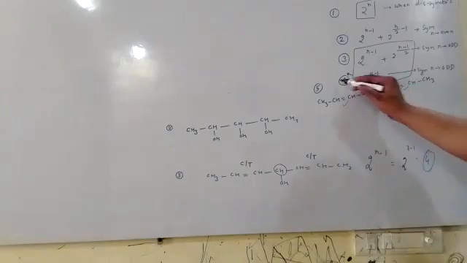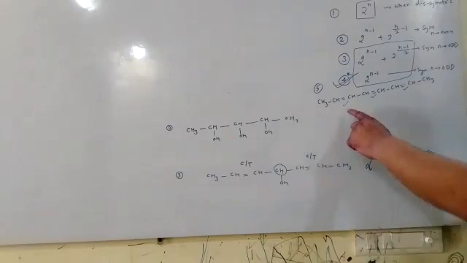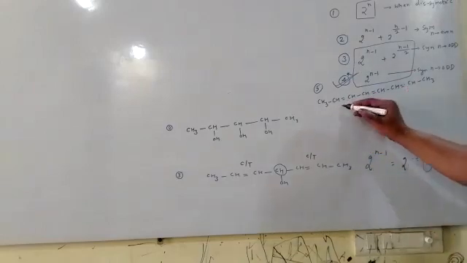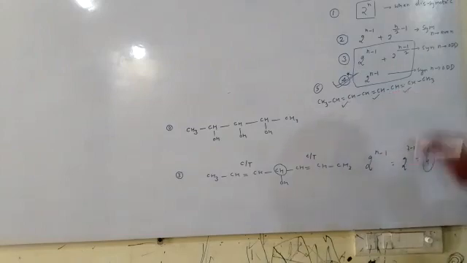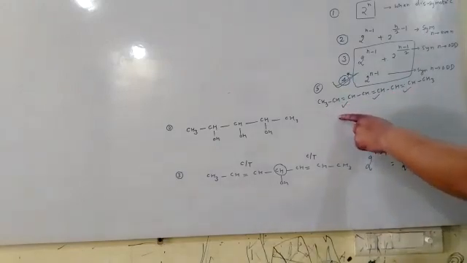So I will use this fourth formula whenever pseudo centers are there, okay? But in this case, all these pi bonds will show geometrical isomerism irrespective of the arrangement or structure of any other group. Yes or no?